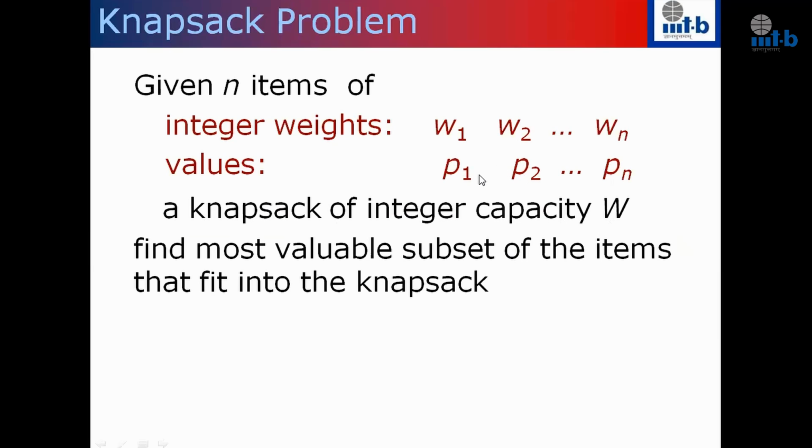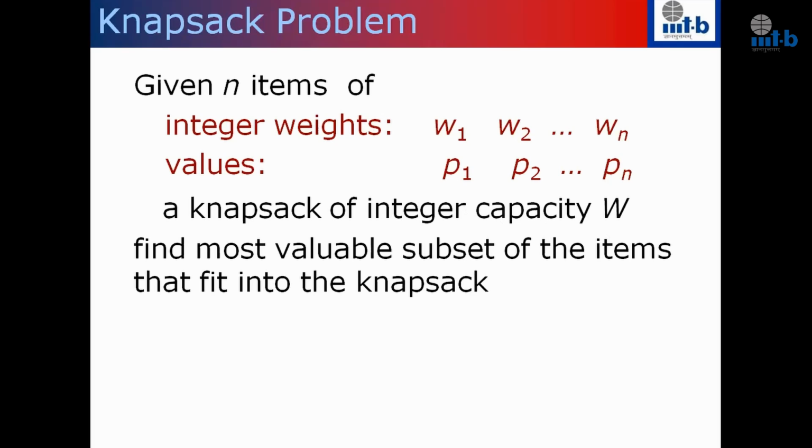We will also assume that the w_i's and p_i's are integers. We want to pick some of these items such that the weight of the items that I pick will fit into the knapsack. That means the sum of the weights of the items that I picked is smaller than or equal to W. Among all such options, I want to pick the items so that the total profit that I make is maximum, right?